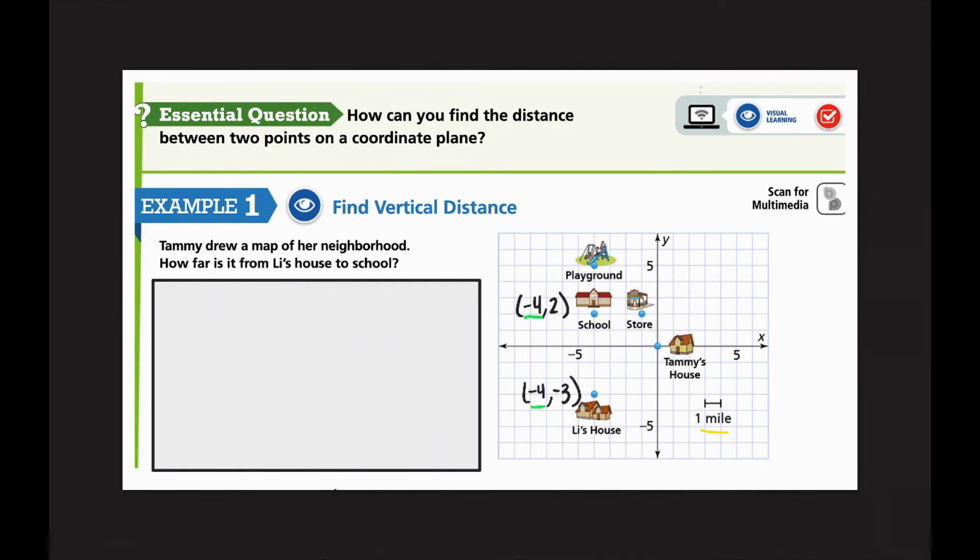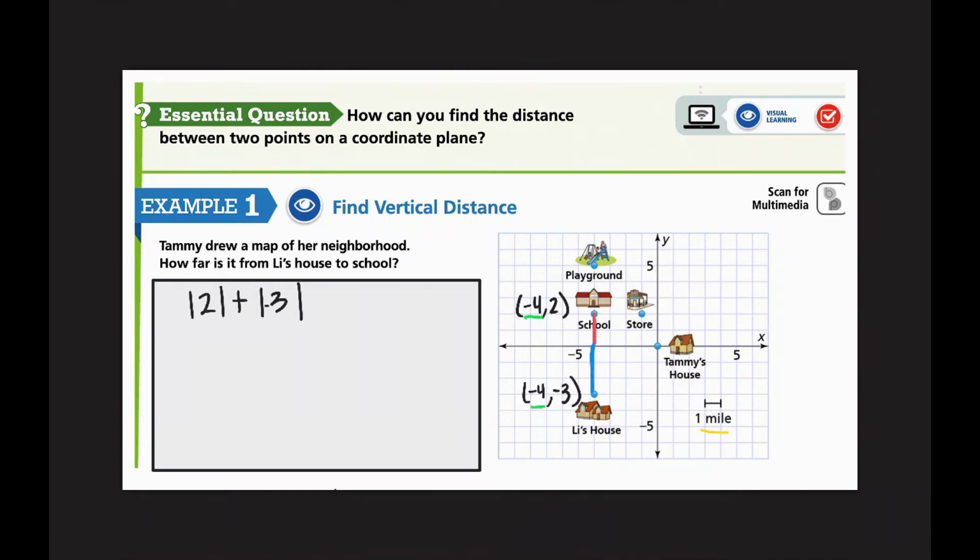It's not always that beautiful when we have these problems, so I'm going to show you how to do it using absolute value. So I can see here the school's distance from Tammy's house, or 0, would be the absolute value of 2, plus the distance of Lee's house to 0, which is the absolute value of -3, right?